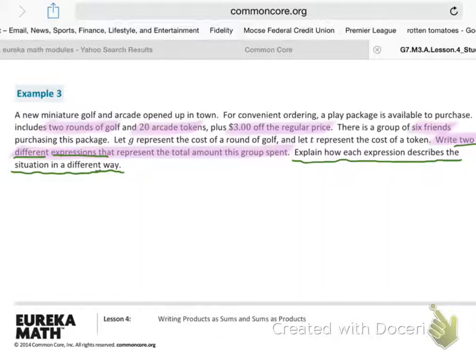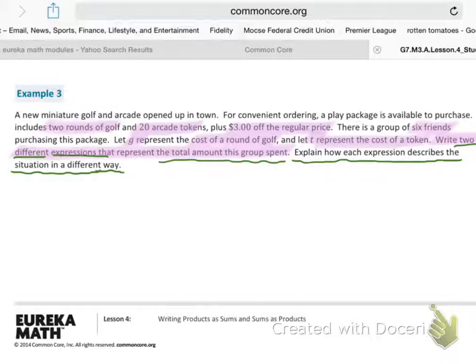So if we let G represent the cost of a round of golf and T represent the cost of a token, we are going to write 2 different expressions that represent the total amount this group spent.